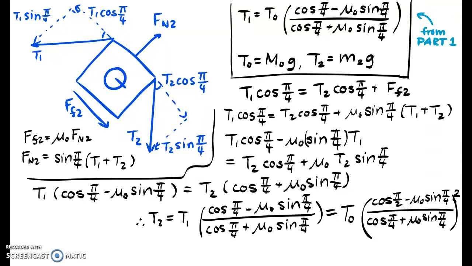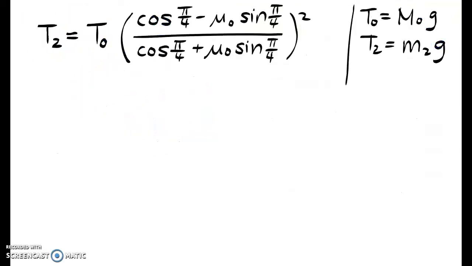So now that we have this relationship between T0 and T2, we can solve for what M2 is in relation to M0. We can plug in what we know about T0 and T2 in order to figure out the relationship between M0 and M2.